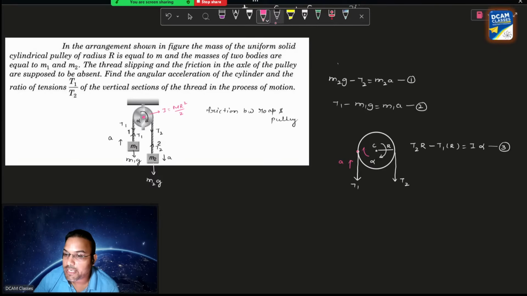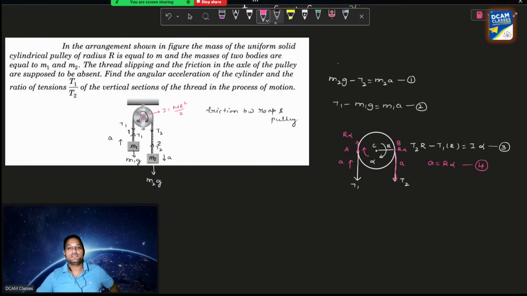It is also rotating. The acceleration due to the rotation of the pulley is R alpha in this direction. Also, the thread is moving up with the acceleration A. So these two accelerations should be the same. Similarly, here also the acceleration of this point is R alpha, but this thread is moving down with the acceleration A. So A should be equal to R alpha. Otherwise, there will be slipping at points A and B.